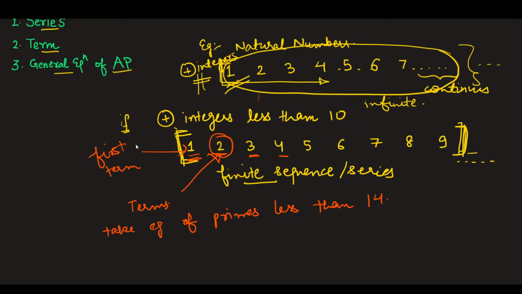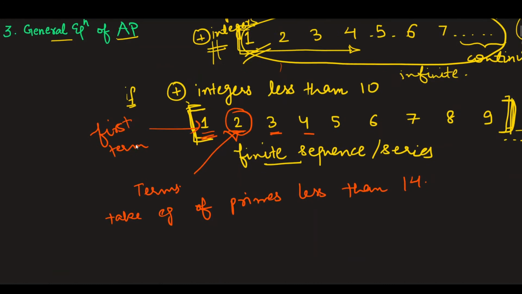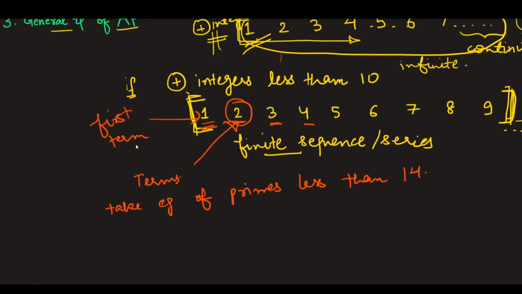Its sequence will be starting from 2, then 3 would be there, 4 is not a prime, 5 would be there, 6 no, 7 will be there, 8 is not a prime, 9 is not a prime, 10 is also not a prime, 11 is a prime, 12 is not a prime, then 13 is a prime, that is less than 14.